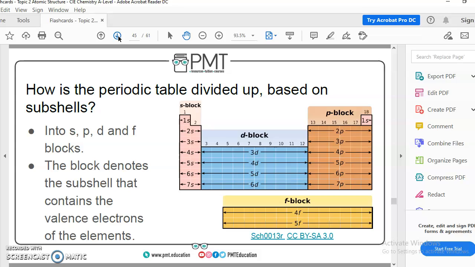The s block is groups 1 and 2, the alkali metals and alkaline earth metals, both metals. The p block can have metals, non-metals and metalloids, the d block is the outer transition metals, while the f block is the inner transition metals.